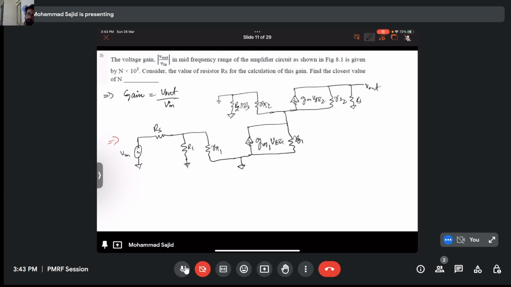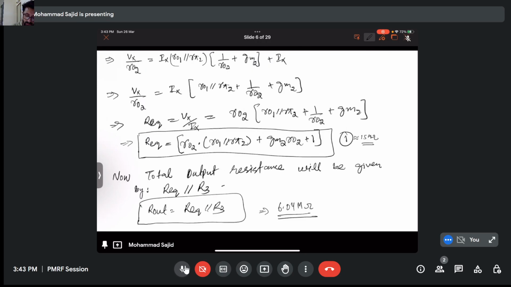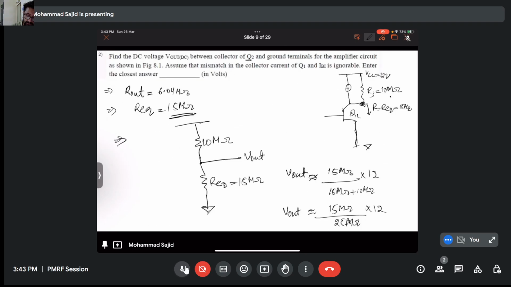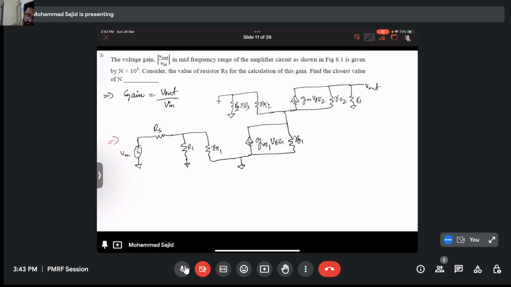Okay, so this is your equivalent circuit. Just cross check it. Right. Now we have to find the output by V in.